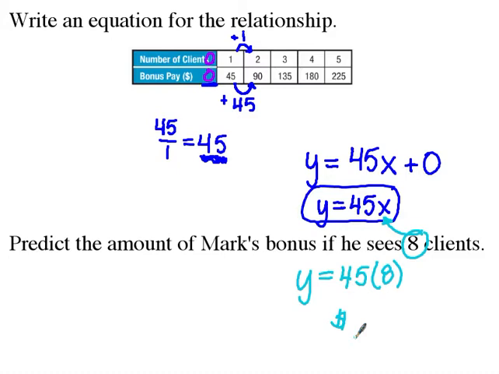How much does he make? 360 bucks. Yep, good job. So that's what you're going to be dealing with today. You're going to have to write an equation, and then you're going to have to evaluate. You're going to have to take this value and plug it into that equation.